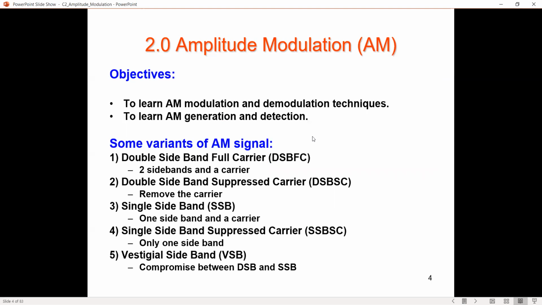There are a number of AM variants that we will learn. The first is double sideband full carrier. Second, double sideband suppressed carrier. And then single sideband with carrier, single sideband suppressed carrier, and vestigial sideband.